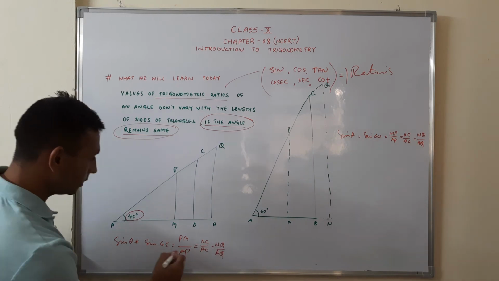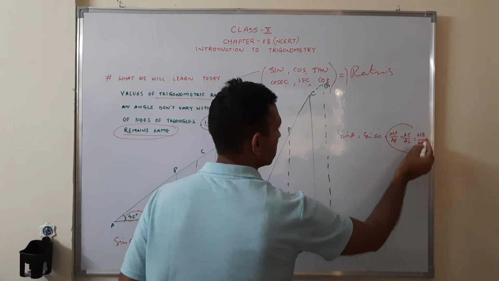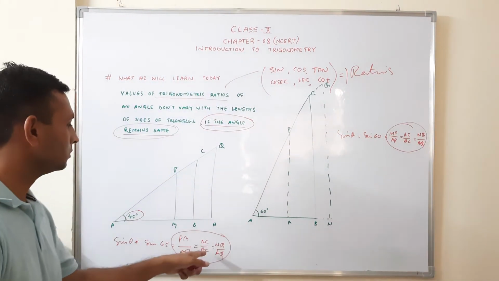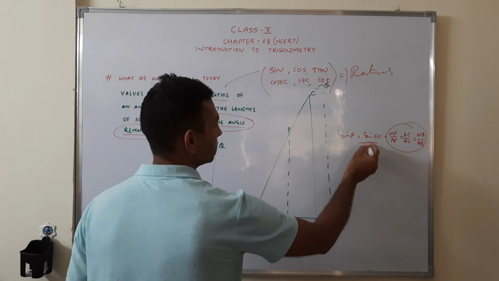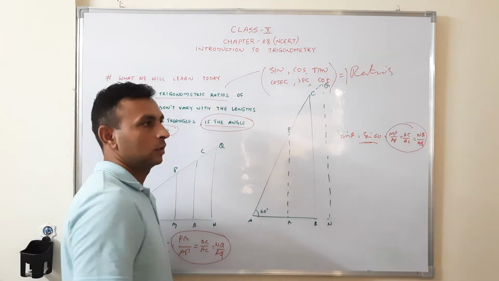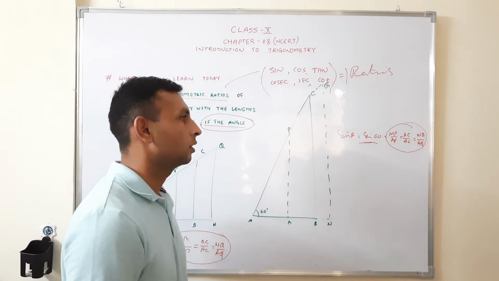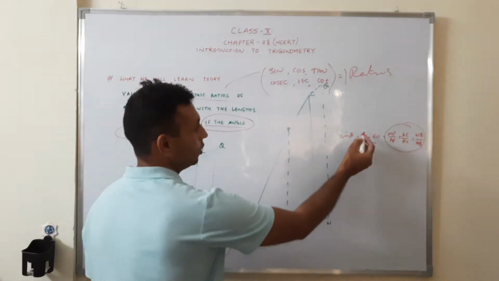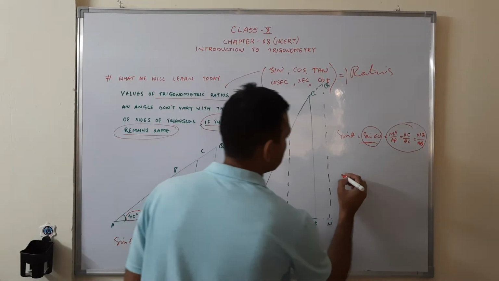These values will not be the same as the previous values because sine 45 and sine 60 are not the same. You can check with your reference book, the calculator or Google, wherever you want. The values of sine 60 and sine 45 are not equal.